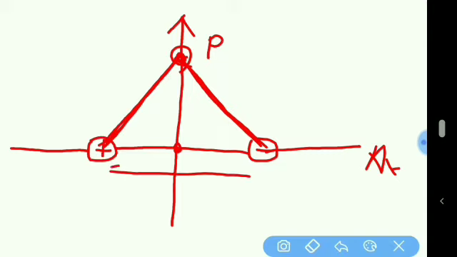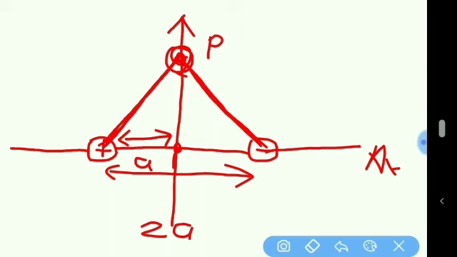This distance is twice of A, and so this much distance from the center will be A. Here we have taken this point P from the center which is at distance R. So by using Pythagoras theorem, you can get this distance.